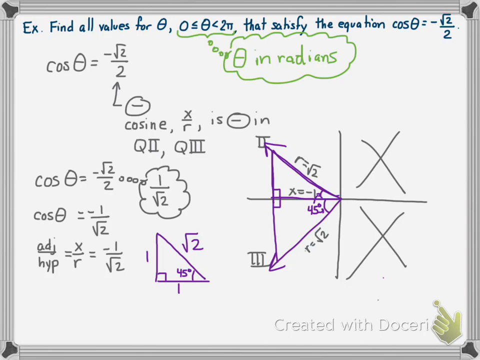Okay, now that I've used all the information I have to come up with these triangles, and I know their reference angles, now I want to think about what are the angles in standard position that give us these 45-degree reference triangles. In this particular problem, we are asked to look at angles between 0 and 2 pi, so we're talking about radian measure. So 45 degrees is the same as pi over 4 radians.